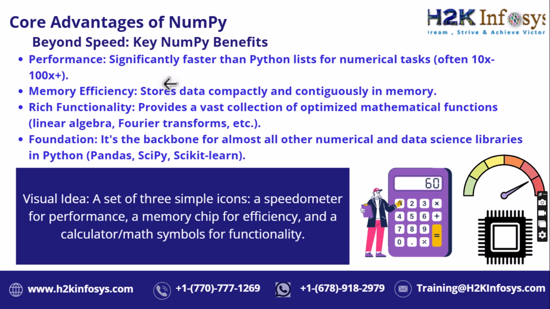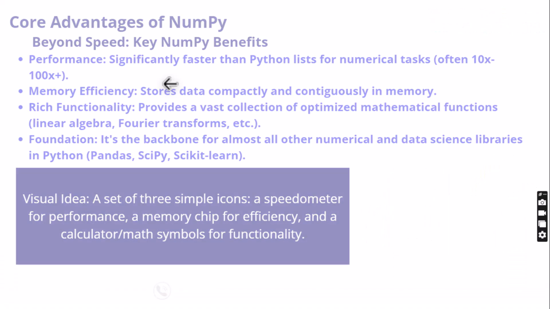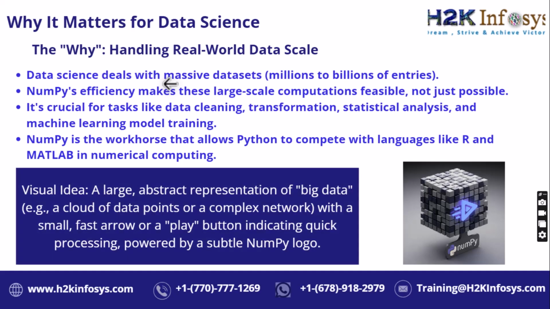It is the backbone of almost all other numerical and data science libraries used in Python. So this is very necessary even for data science, because it does all the crucial tasks of data cleaning, transformation, statistical analysis and so on.